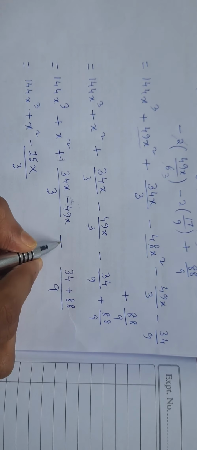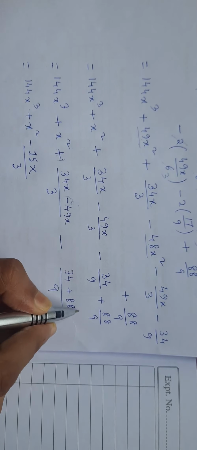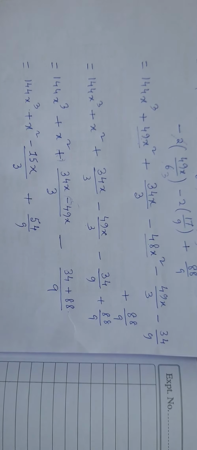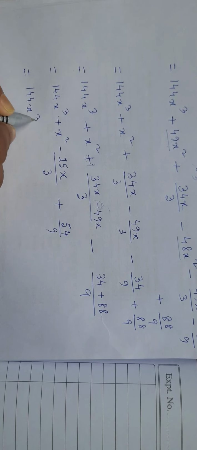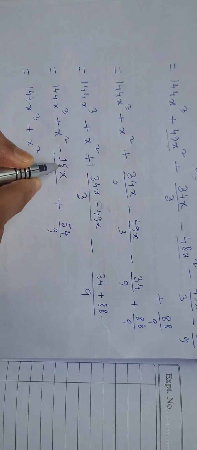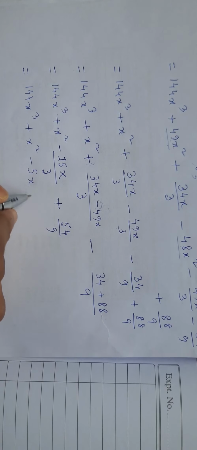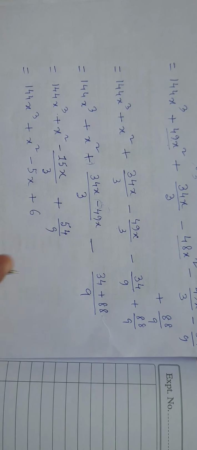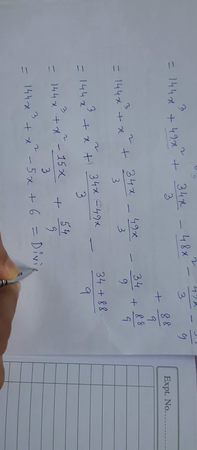Here you will find it is minus 34 and here it is plus 88, so the plus sign is greater, so 88 minus 34 is 54, so plus 54 by 9, which equals 144x cube plus x square. 3 5s are 15, so minus 5x. 6 9s are 54 plus 6, which actually equals the dividend given in the question.